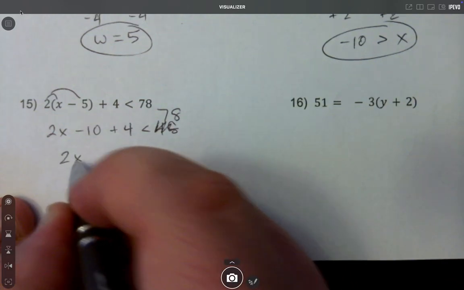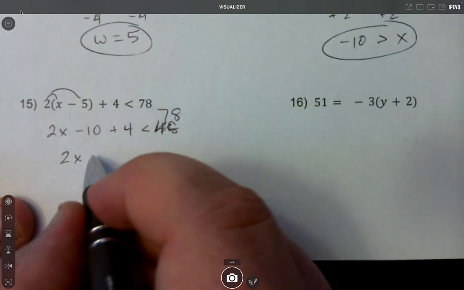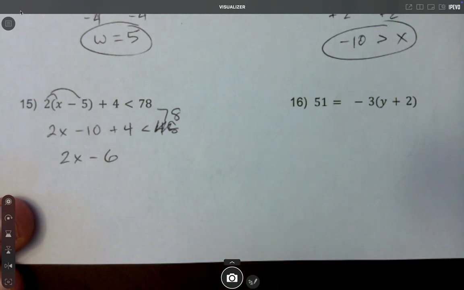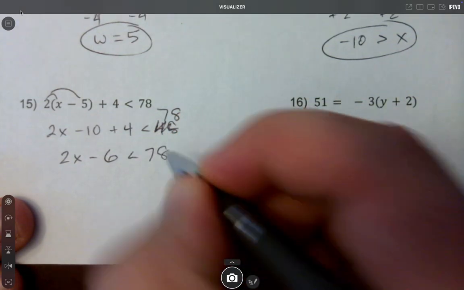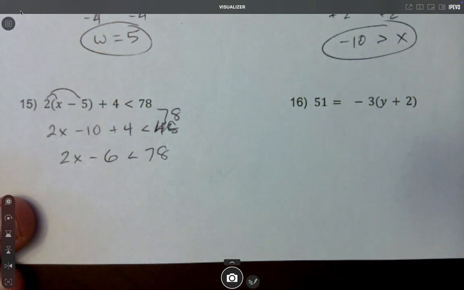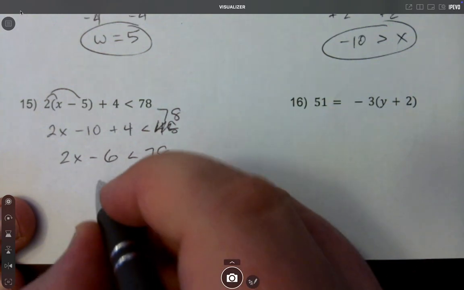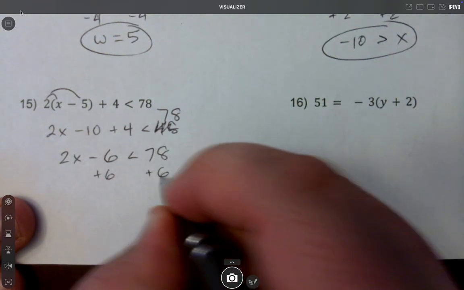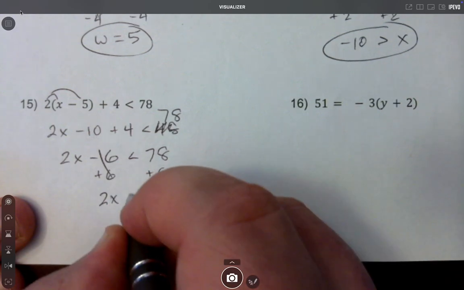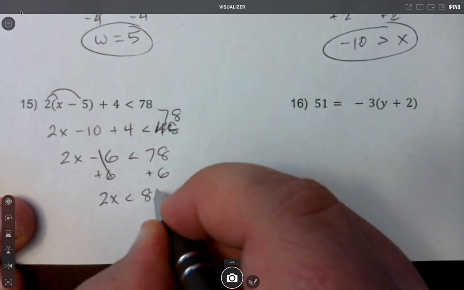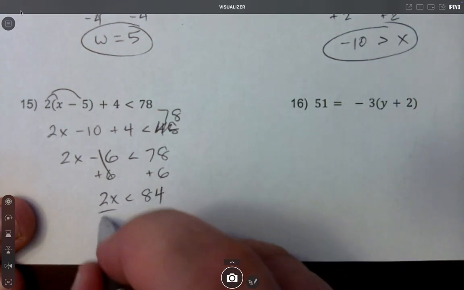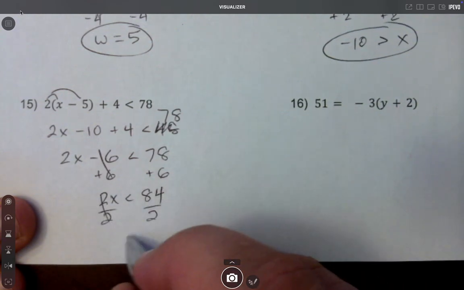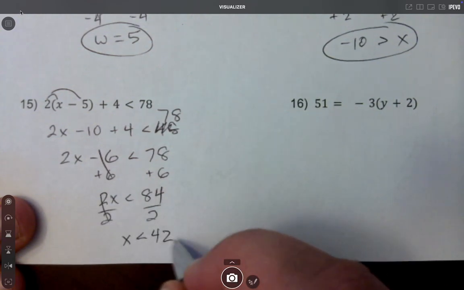So negative 10 plus 4 is negative 6. Now we're ready to do our old fashioned step 4, step 5. So we add 6 to both sides, and divide both sides by 2. Gives us x is less than 42.